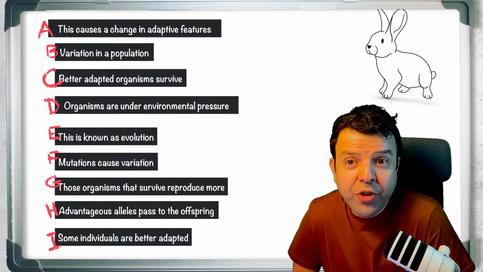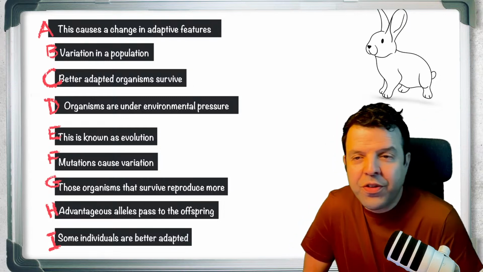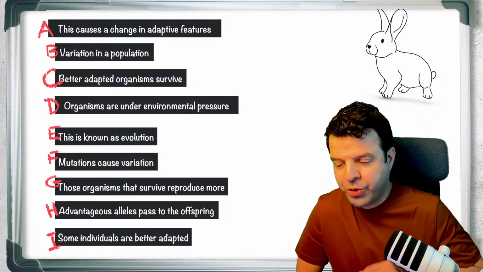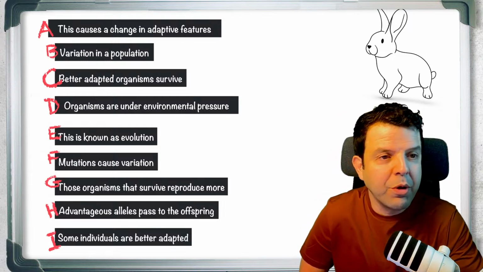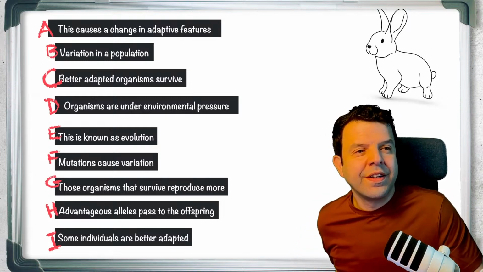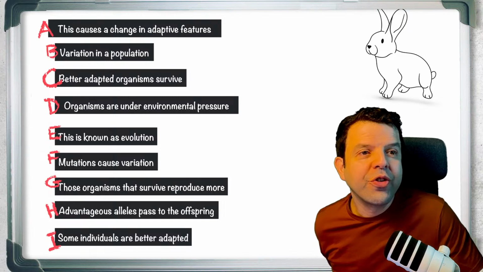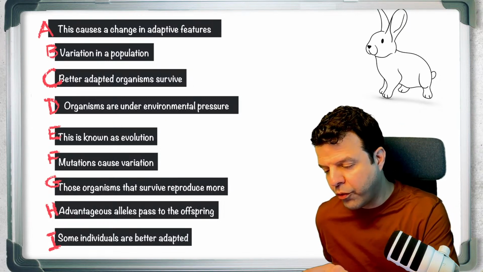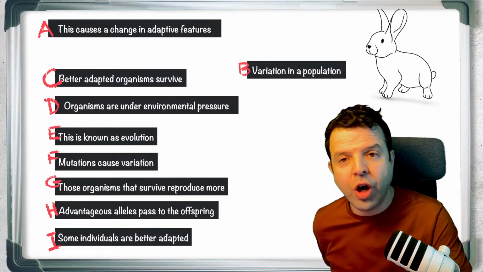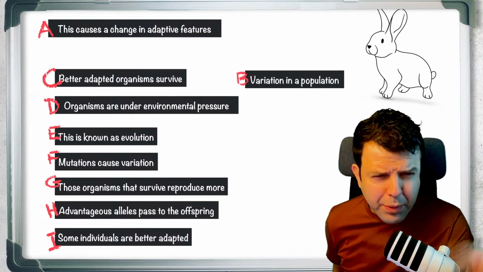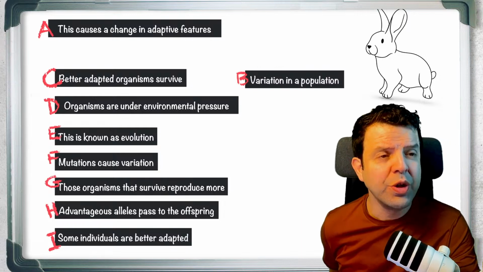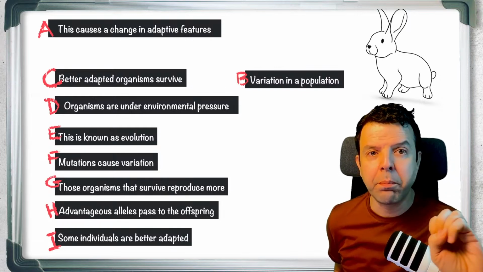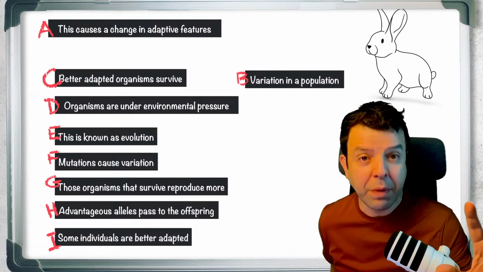What was the first event that results in this whole story about rabbits, about camels, about giraffes? We say the variation in population. So variation, good job, right? But what causes this unique new feature that pops in the population?